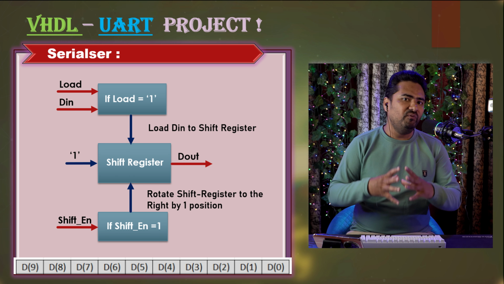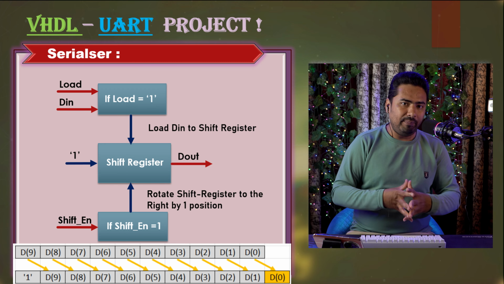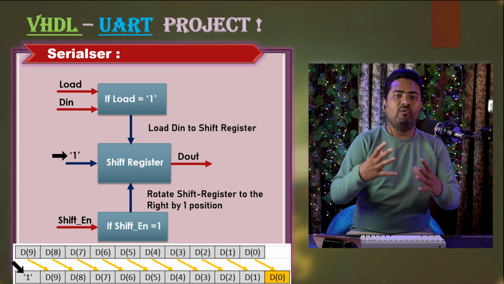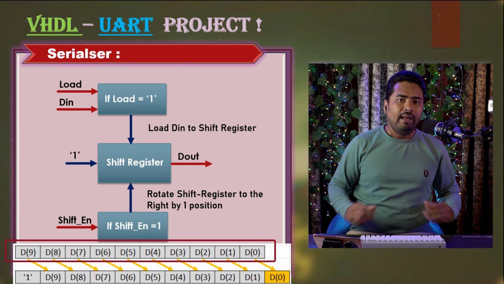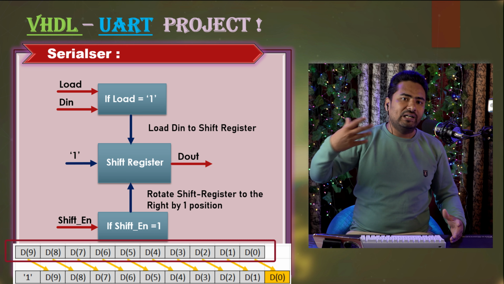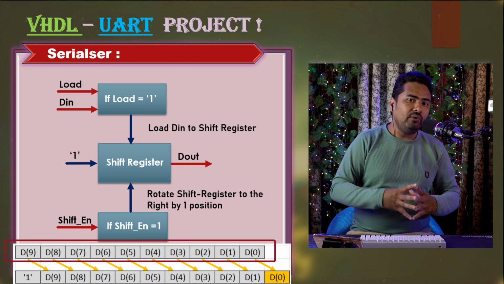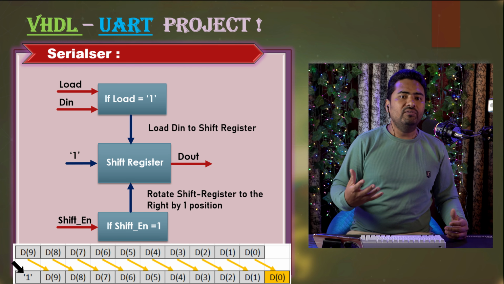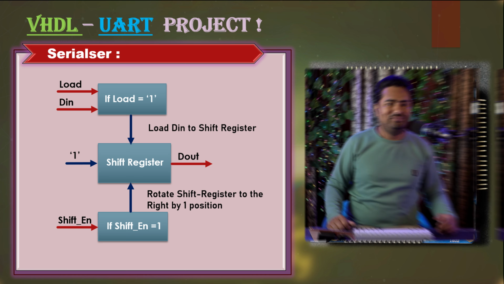At the same time, when this shifting operation is happening, we will insert logical 1 at the MSB of our registered data. And once all the bits are transmitted, this register will only have the default state, meaning logical 1 at all the indexes. Okay, so that was a simple visualization of a serializer module.